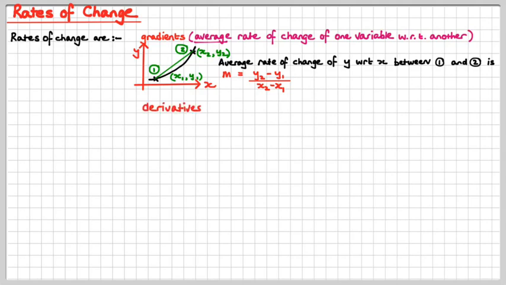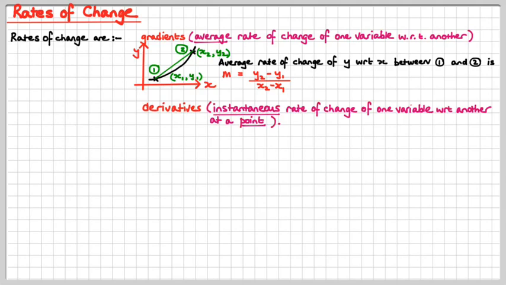Or they are derivatives, and that gives us the instantaneous rate of change of one variable with respect to another at a point. So we have gradients, which give the average rate of change between 2 points, or we have derivatives, which give us the instantaneous rate of change of one variable with respect to the other at a single point. See that?